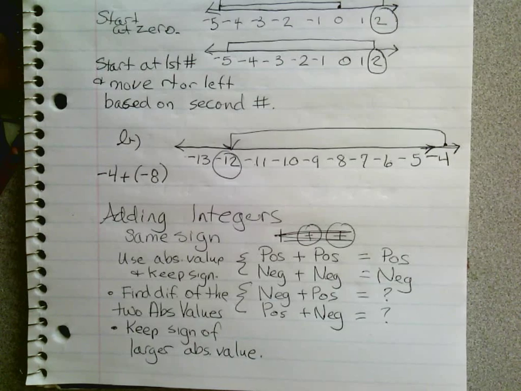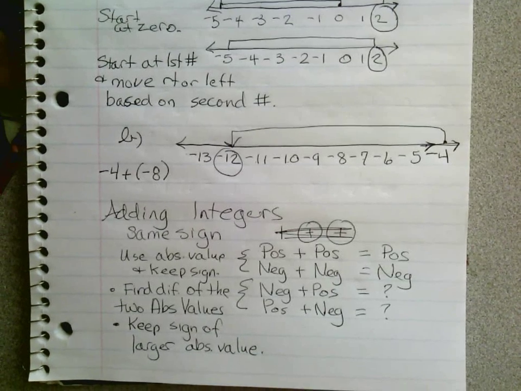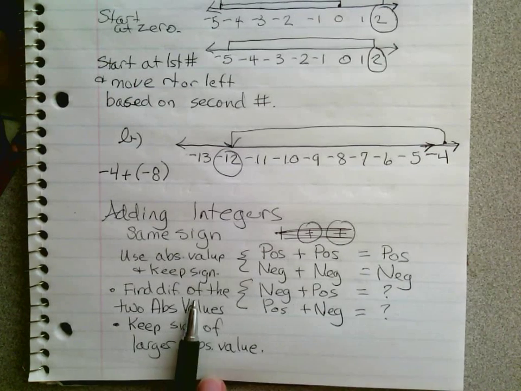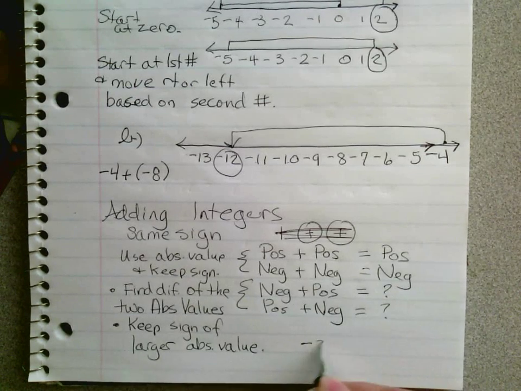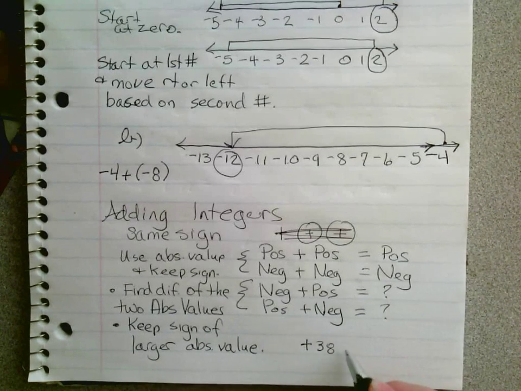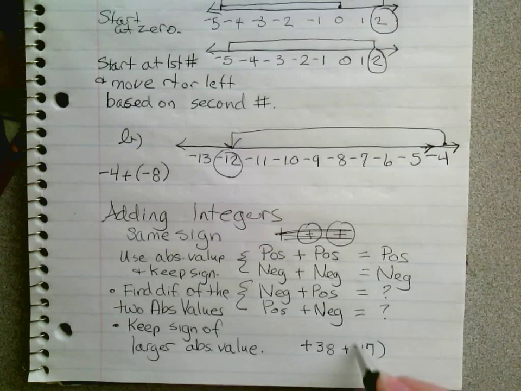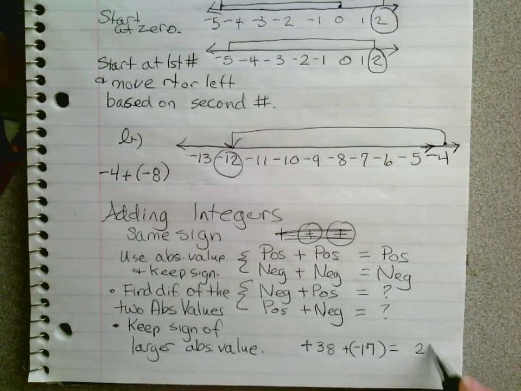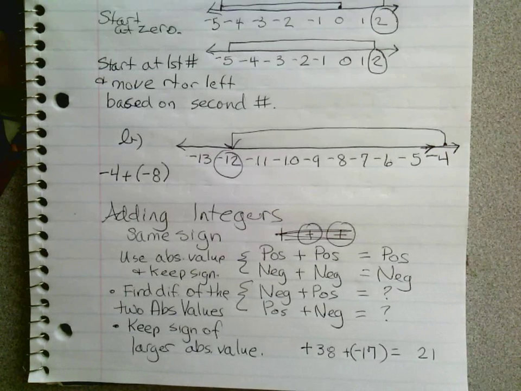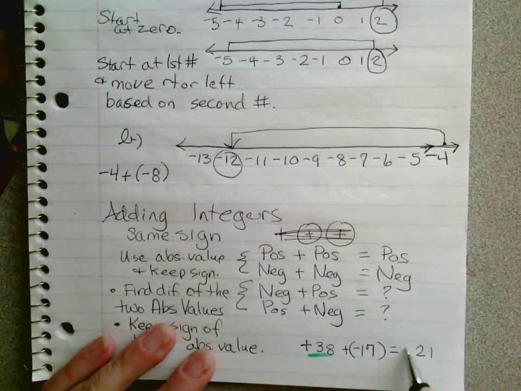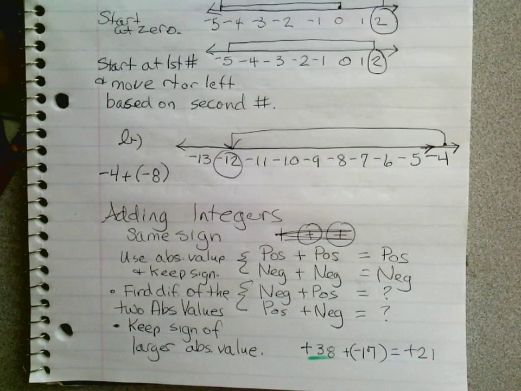Example 2, letter B. Find the sum of 38 and negative 17. Based on my rules, positive 38 and a negative 17, you find the difference between the two, and the result was 21, and keep the sign of the one with the larger absolute value, which happened to be that.